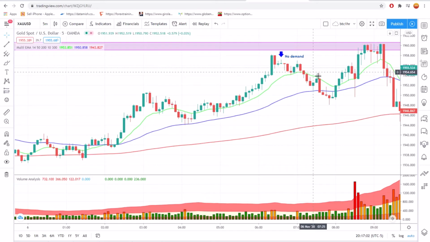So we see it comes down, and now we see this. We see a big exhaustion candle followed by a smaller candle. This indicates, especially at this level, that shorts, bears, are reluctant to sell anymore at the close.